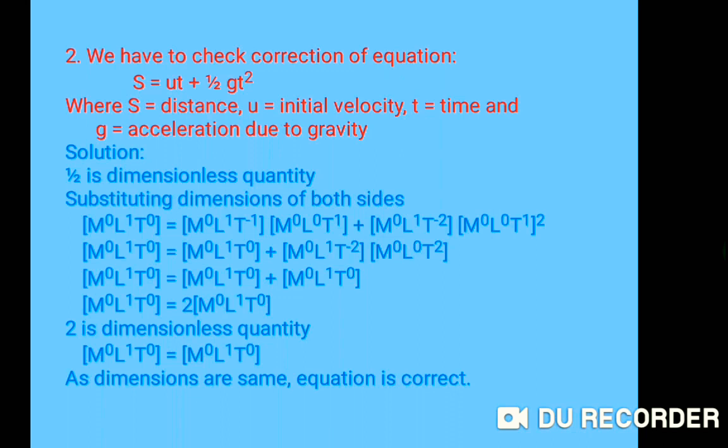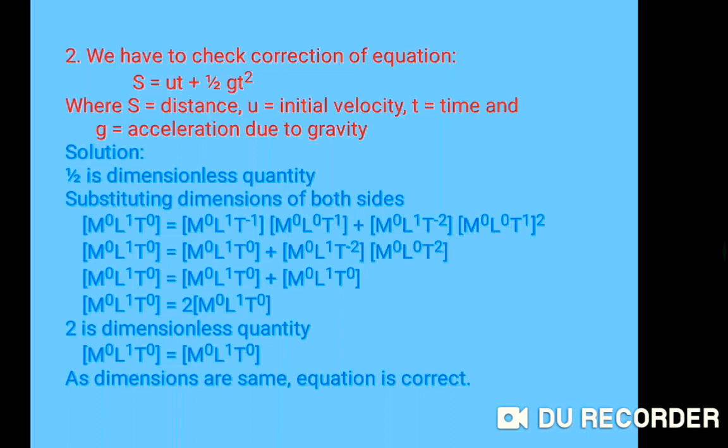So let's start with the solution. Again, half is what? A dimensionless quantity. So we simply ignore this half and substitute dimensions on both sides.